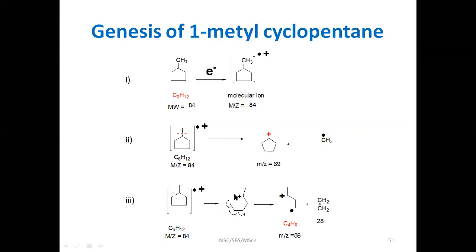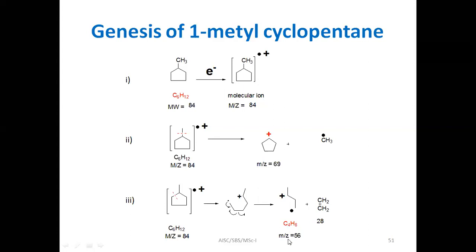Now once this radical forms, it undergoes elimination of CH2=CH2, beta elimination. This radical forms a double bond with the carbon radical, and one electron goes to the other. So you get plus and dot on this molecule, which has molecular formula C4H8 and mass m/z equal to 56.